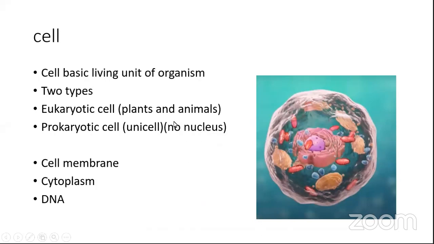Okay, so irrespective of the type of cell, they have common things. One is the cell membrane, another one is cytoplasm, and the other is DNA. These three things are always there in any type of cell. Okay, good. Now, the cell membrane. The cell membrane is the outer covering of a cell. It is a phospholipid bilayer.